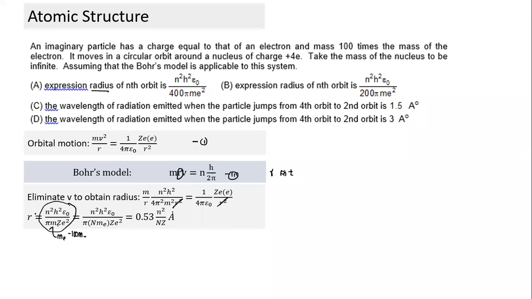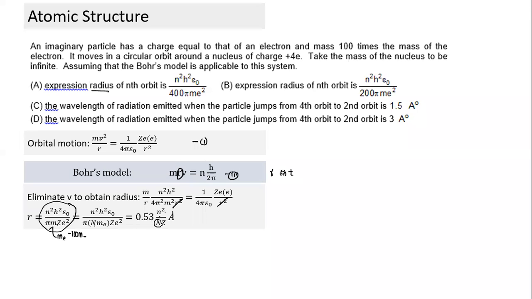So the radius of such an imaginary atom will be 1 by 100 times that of the corresponding normal atom. This mass here is N times the mass Me, and the rest of the terms are common. This is equal to 0.53 n square by Nz.